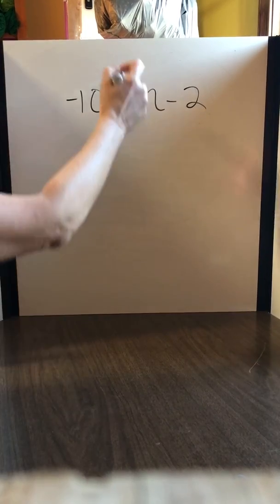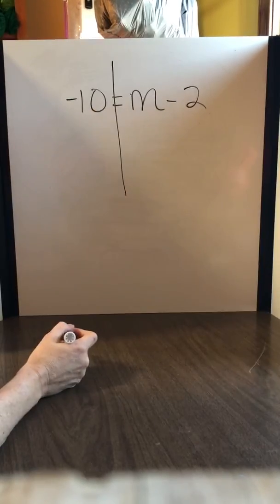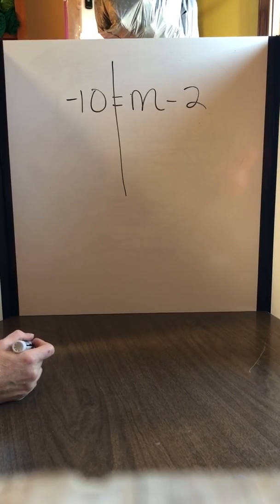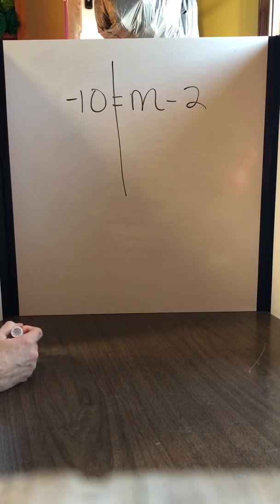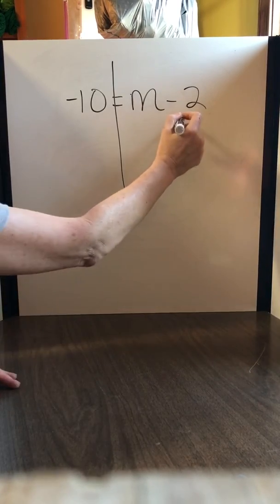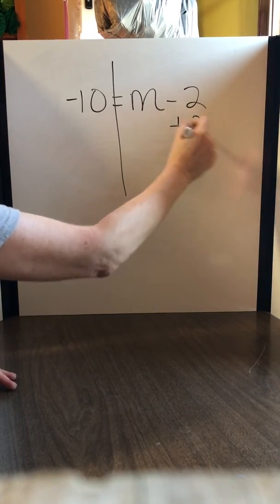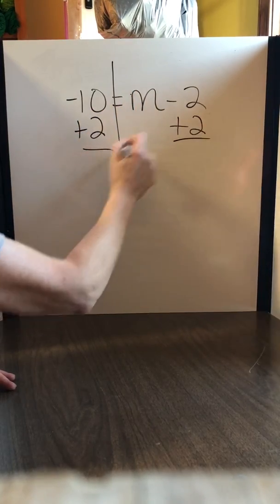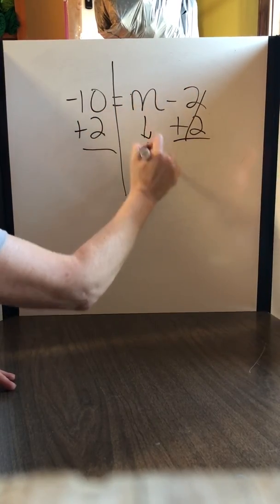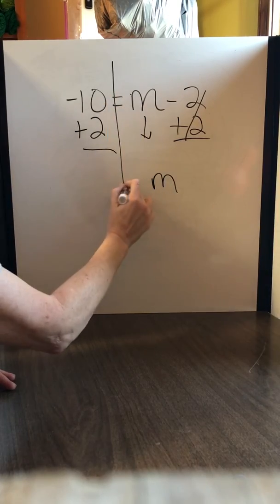All right, so I draw my line, always the first thing I do. And I know that on this side I've got a minus 2 I've got to get rid of. To get rid of the minus 2, I'm going to add a positive 2 to both sides. Cancels that out. I bring my m down, my equal sign.